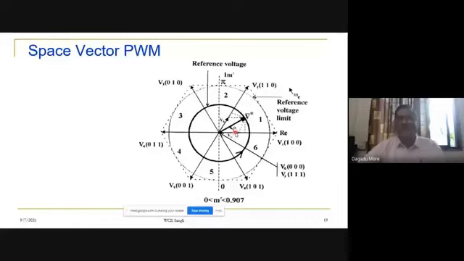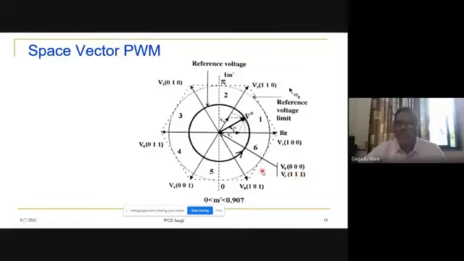These are the 6 active switching states of the inverter. Whereas here we have 2 inactive states: 000, which means switch number 4, switch number 2, and switch number 6 are on. V7 is again a null state, magnitude is 0. It is 111, where S1, S3, and S5 are on.